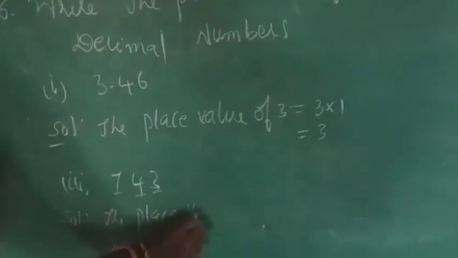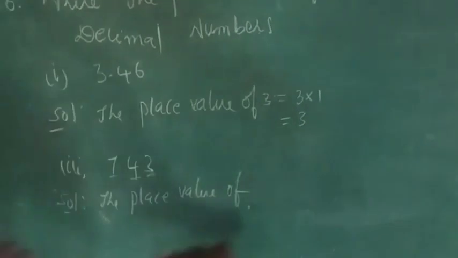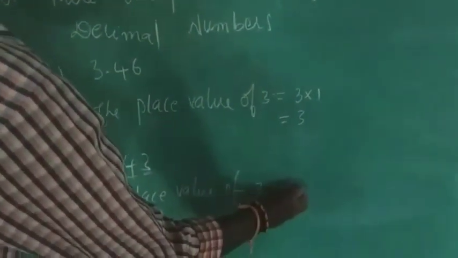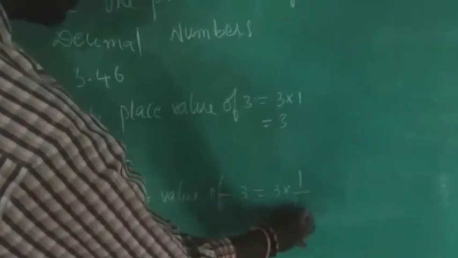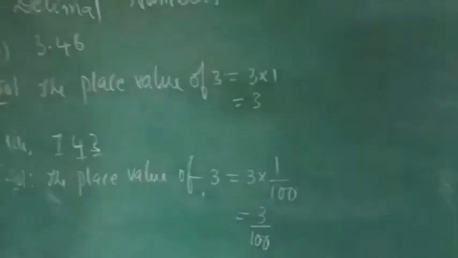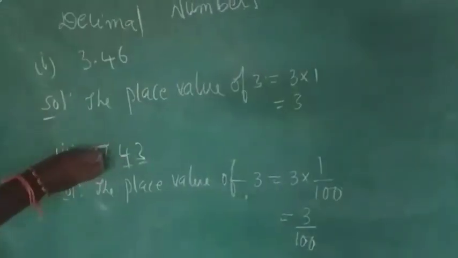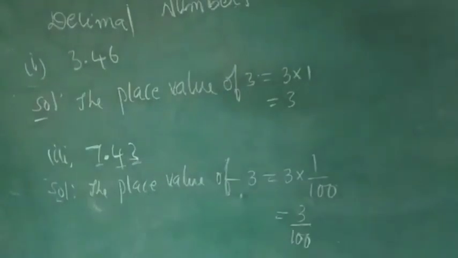The place value of 3 is equals to 3 into 1 by 100, nothing but 3 by 100.